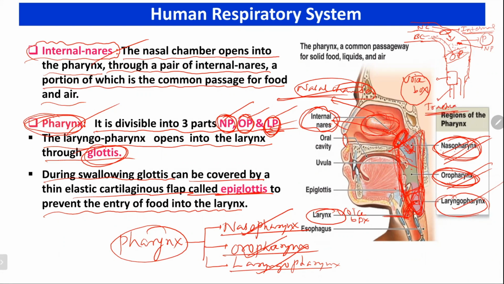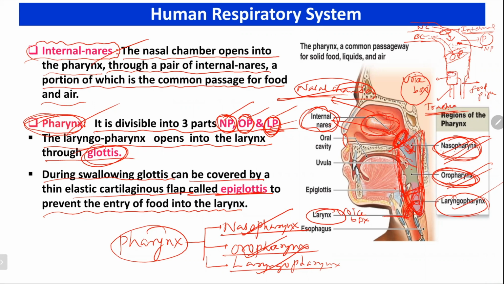This is trachea or windpipe. So you see here the same pharynx. This is the part of pharynx that is opening into what? Voice box, and that is also opening into what? Esophagus. That is also called what? Food pipe. Esophagus is called food pipe. Trachea is called what? Windpipe.